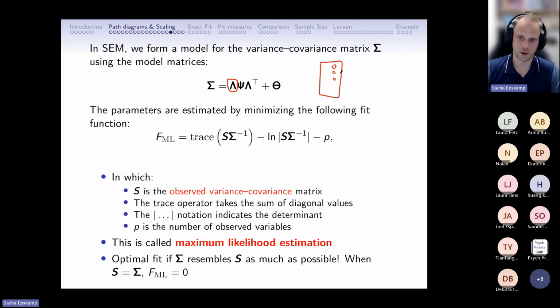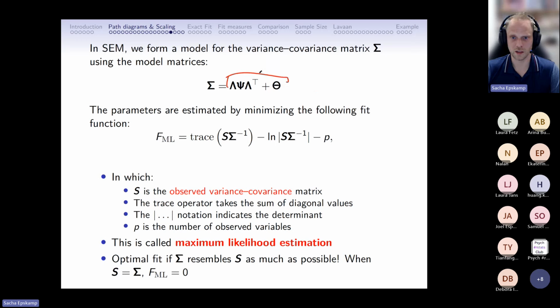So that includes some parameters you want to estimate. You have the variance-covariance matrix with the covariances between the latent variables. That's the stuff we're interested in. And we might have ones here as well if we want to do constraints on variances. And we have this theta matrix that contains residual variances. And usually that has a lot of zeros and only things on the diagonal.